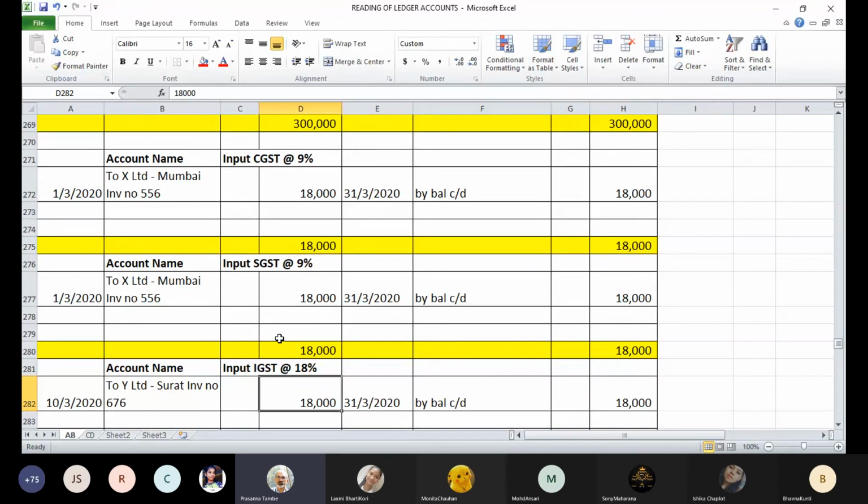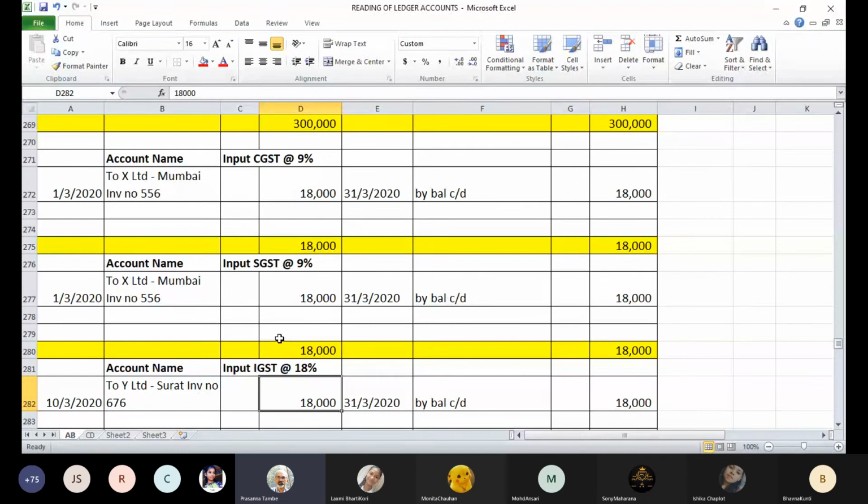The account heading is now slightly different. It is a tax on purchases, so in accounting we call it input CGST, input SGST, or input IGST, depending on the nature of the transaction. Out of these, the purchase account is a nominal account, so at the end of the year we transfer that balance to the P&L account. It's sort of an expenditure.